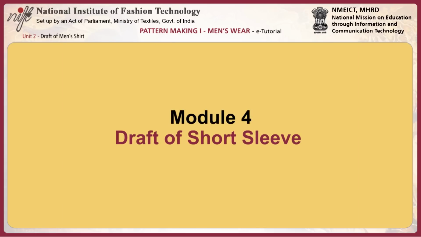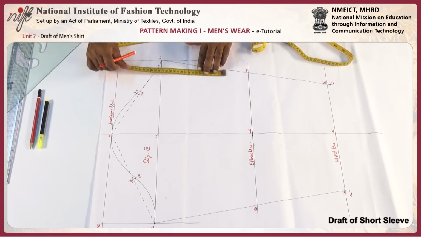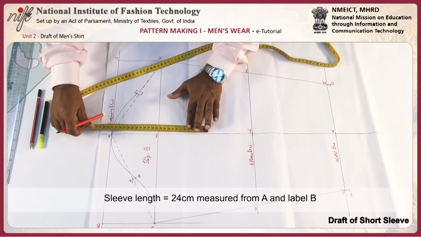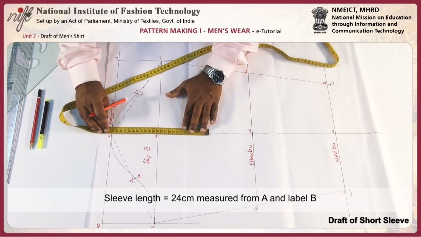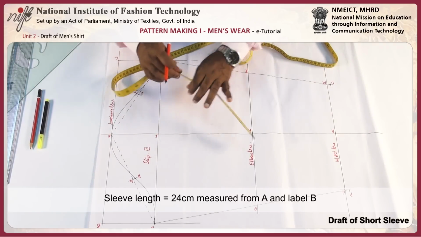We can also develop a short sleeve using the full sleeve pattern draft. Measurements given in the spec sheet can be used. The sleeve length can be 24 centimeter measured from point A, and mark.